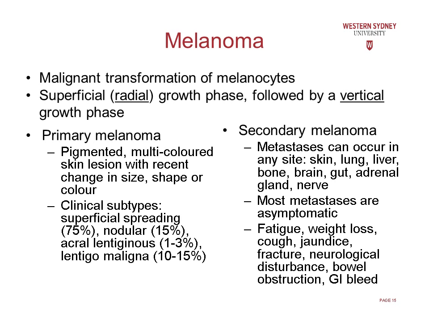For example, most commonly they present with fatigue, tiredness, and weight loss as systemic features of metastatic disease. They can present with a cough if the lungs are involved, with jaundice if the liver has metastases. They can have pathological fractures if there are bony metastases, neurological disturbances if the brain or the nerves are involved, and bowel obstruction and GI bleed if there's involvement of the gut.